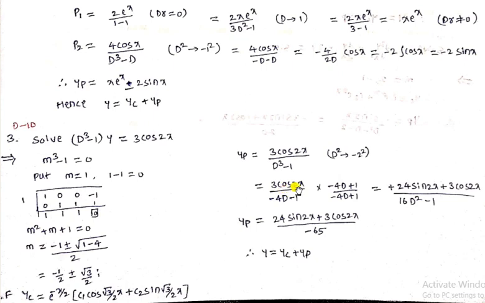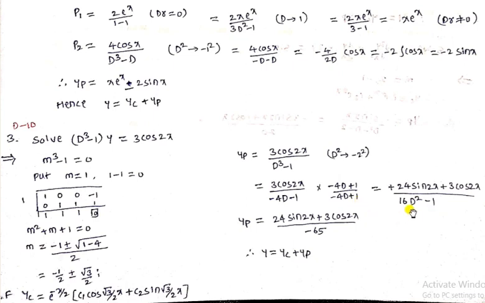So D means differentiation of cos 2x. Differentiation of cos 2x is minus sin 2x and differentiation of 2x becomes 2. So 2 into 3 is 6, 6 into 4 is 24, 24 sin 2x plus 1 into 3 cos 2x, and the denominator is minus 4D into minus 4D, that is plus 16 D square, then minus 1 into plus 1, it becomes minus 1.